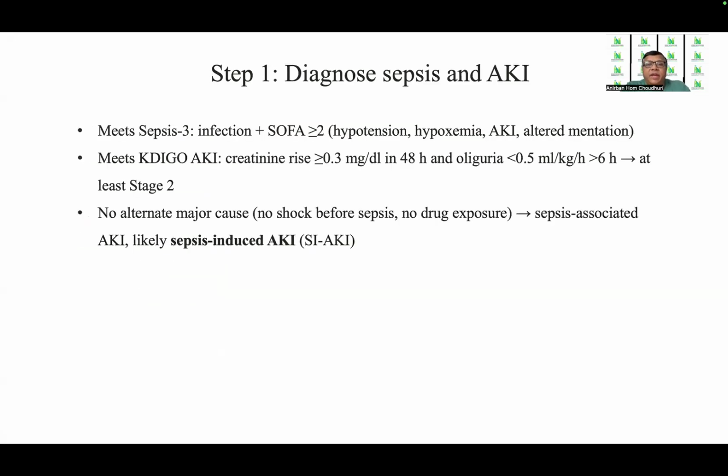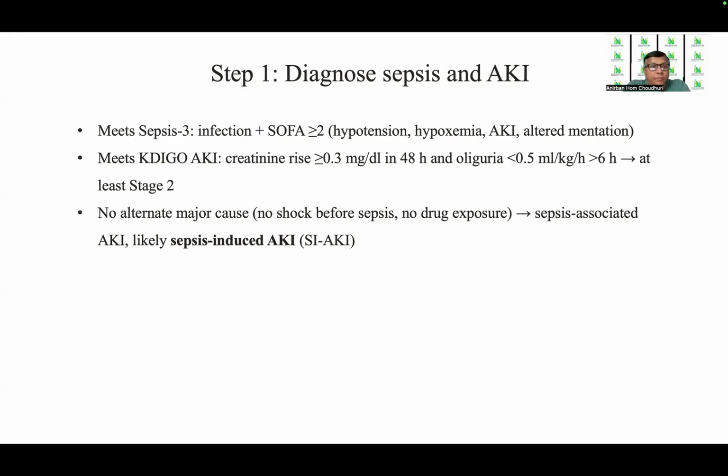First step is to diagnose sepsis and AKI. Now, this meets the criteria of the Sepsis-3 definition, with infection plus SOFA of more than 2, including hypotension, hypoxemia, AKI, and altered mentation. This patient also meets the KDIGO AKI criteria because creatinine rises more than 0.3 mg per deciliter in 48 hours, and the oliguria is less than 0.5 mL per kg per hour for more than 6 hours.